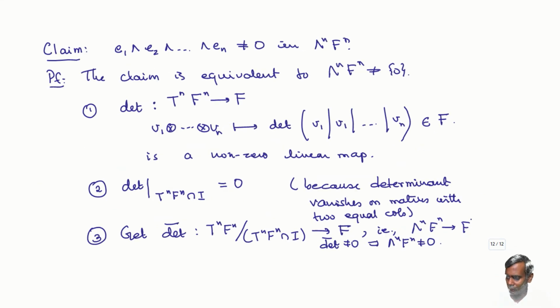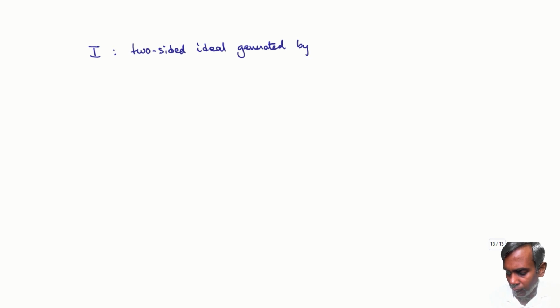Let us take a closer look at the ideal I. So the ideal I is the two-sided ideal generated by V tensor V, V in V. This is a two-sided ideal in TV.